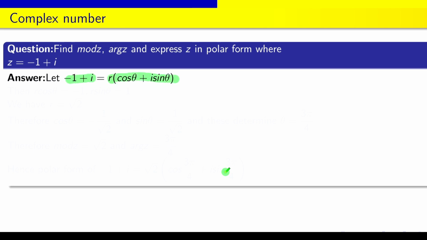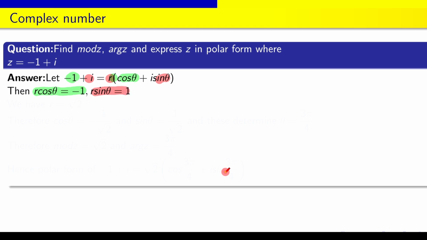Then I can equate the real part and the imaginary part. Then I will get r cos theta is equal to minus 1, this is the real part, and the imaginary part is r sin theta, which is equal to the coefficient of i, that is 1. So r sin theta is equal to 1.